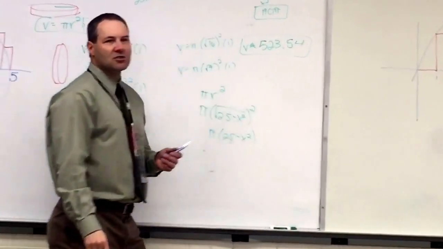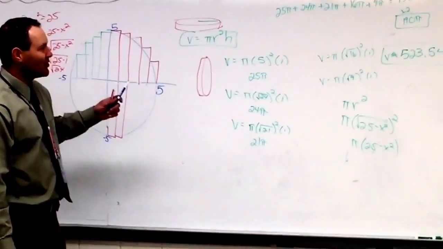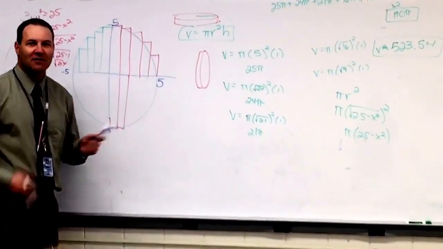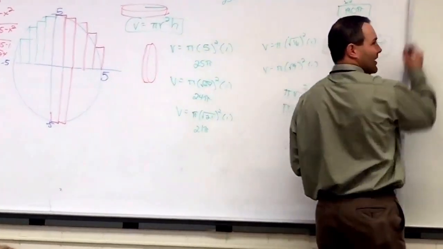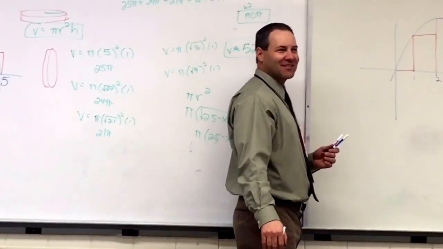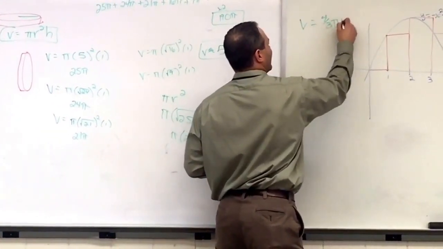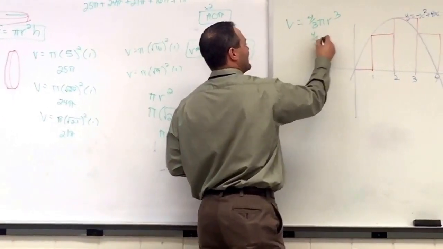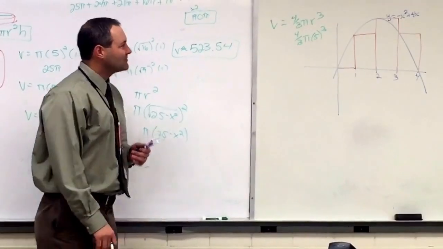Alright, so let's check our answer with geometric methods. Everybody knows the volume of a sphere is 4/3 pi r cubed. Attaboy. The volume is 4/3 pi r cubed. My radius is 5. Do some math.